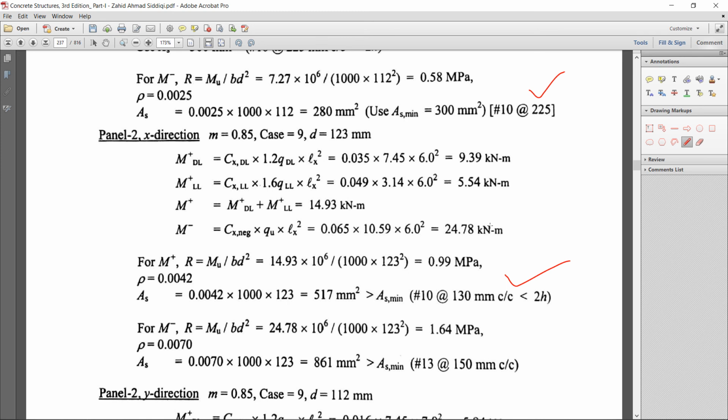So here the negative moment is more than the positive moment, that's why area of steel is coming more. So we will provide number 13 at 150 millimeter. Why?